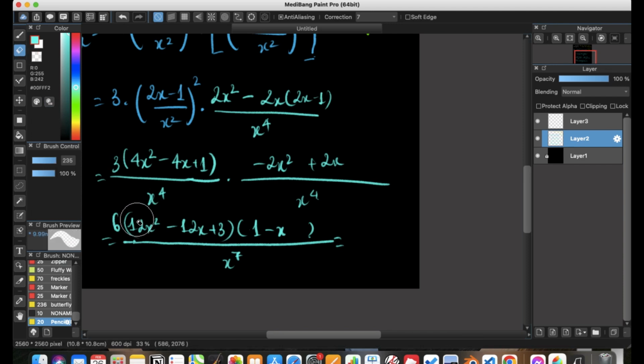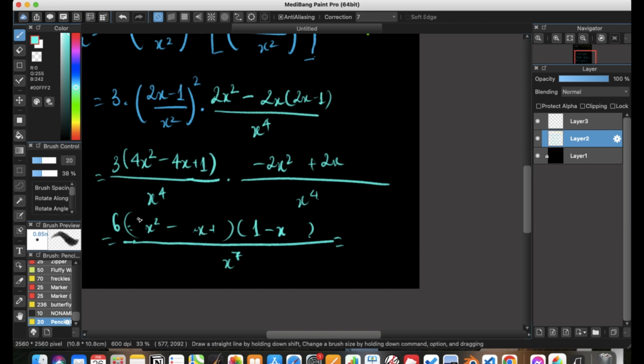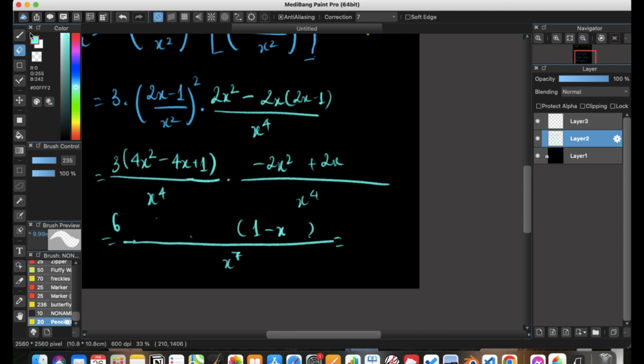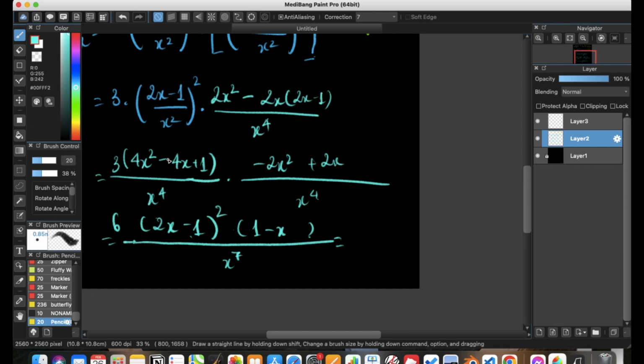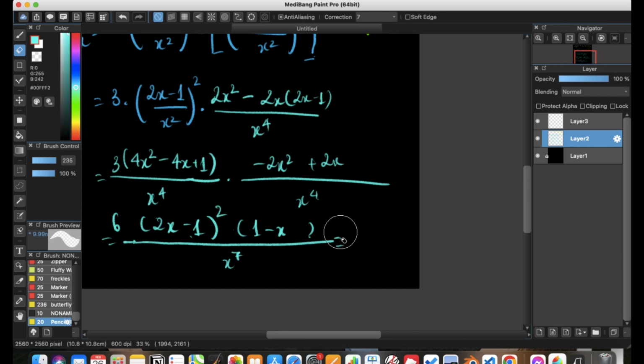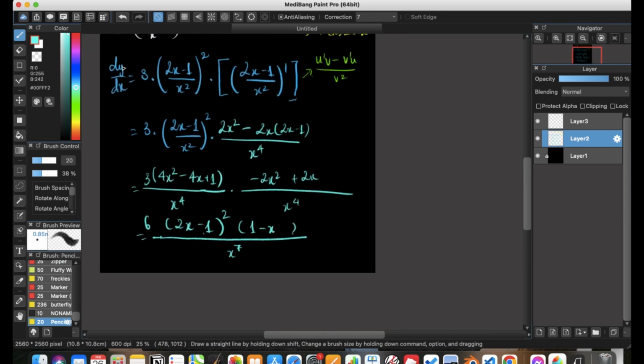And in here it's going to be 4, 4, 1. So that's basically this, and you can see that that's basically equal to 2x minus 1 to the power of 2. So this is our final result after simplifying.